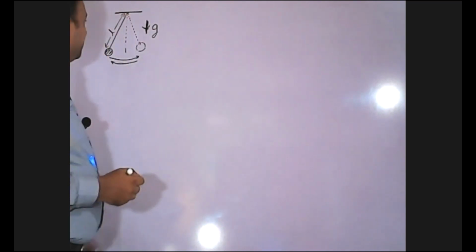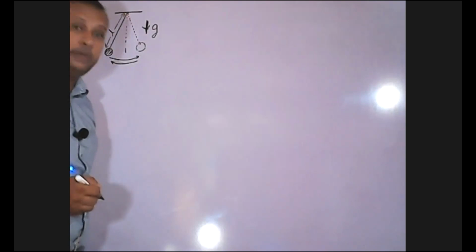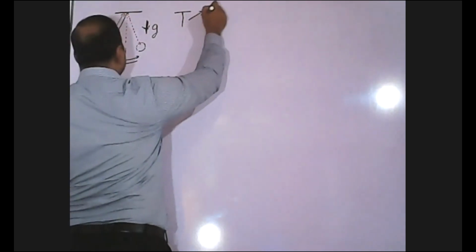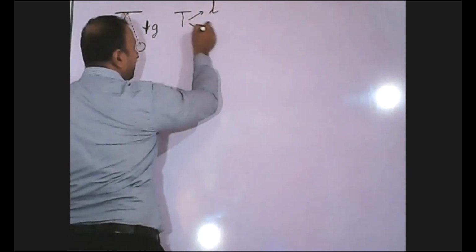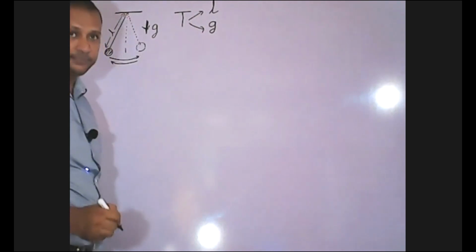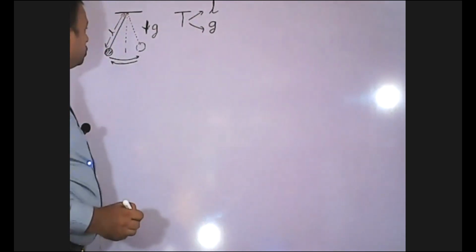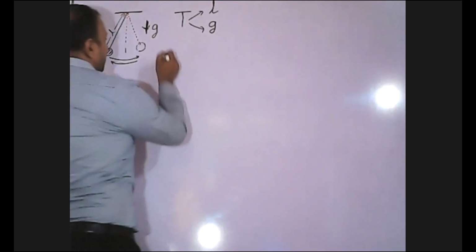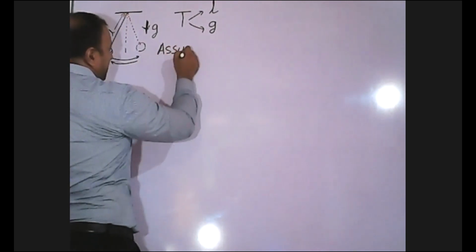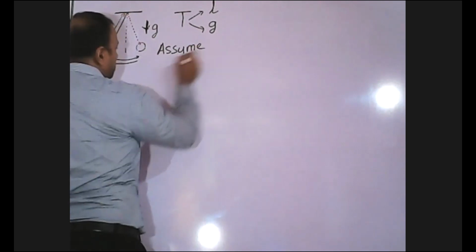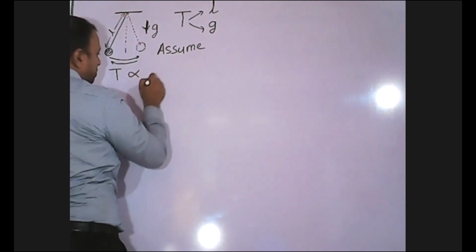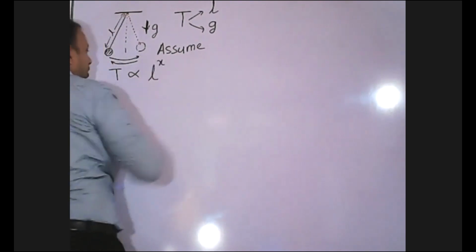So the time period T depends on L and g. They are given. So I can assume my first step assumption: T is directly proportional to some power of L.